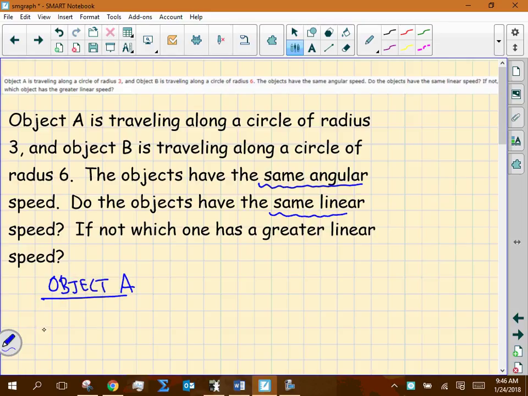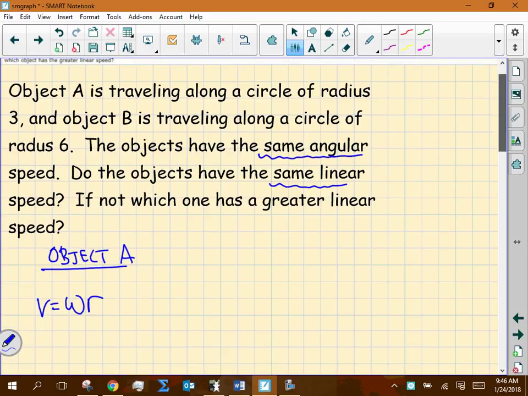Let's use linear velocity. Is that not equal to omega times r? Where omega is your angular speed or angular velocity, and r is your radius, right? So if I'm dealing with object A, it says object A is traveling along a circle of radius 3.